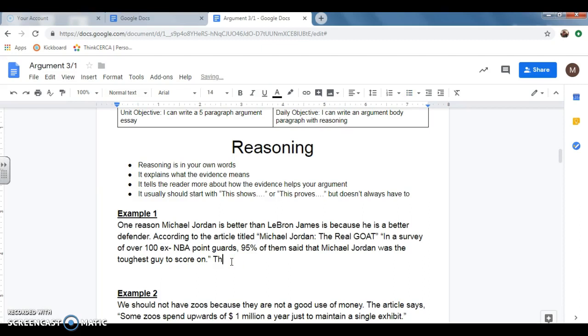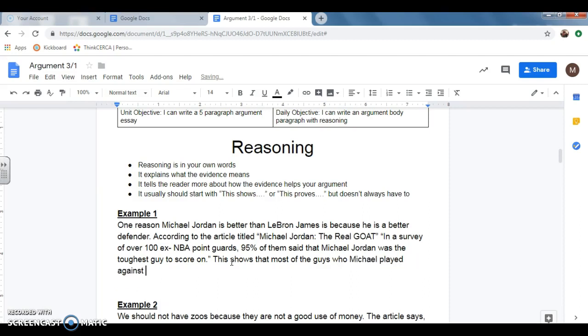Okay, so I'll just start with this: shows that most of the guys who Michael played against thought very highly of him as a defender. Write that down.